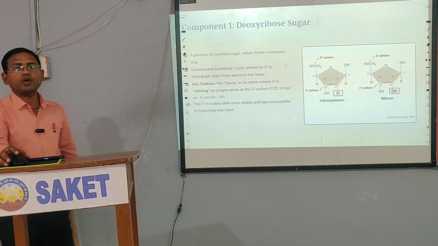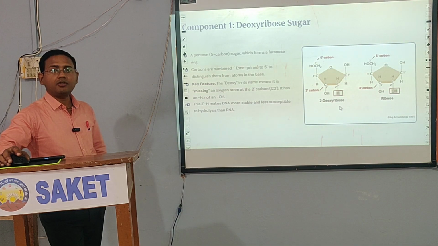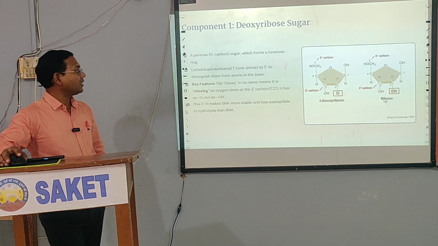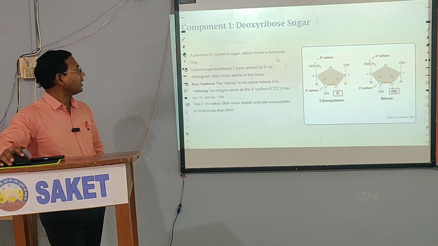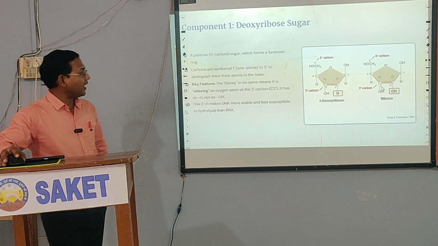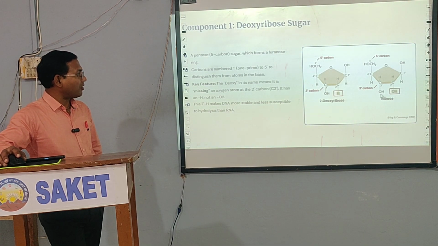So the first component is the sugar component, which is made up of deoxyribose. What is deoxyribose? Its basic component is the ribose sugar, which has 5 carbons, 1, 2, 3, 4, and the 5th is outside. The ring in which there are 4 carbons and 1 oxygen is known as a furanose ring. At each carbon we can see one hydrogen and another hydroxyl group, but at the second position in ribose there is a hydroxyl group.